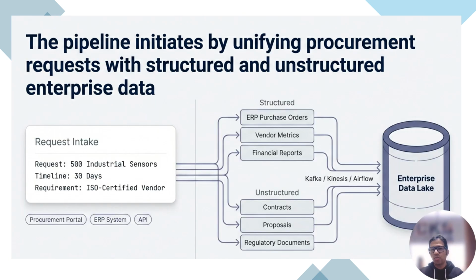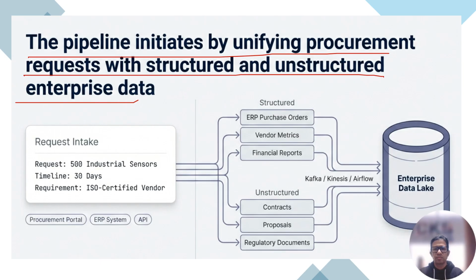All right, now we are entering the part that makes this architecture real. Because agentic AI is only as good as the data it can reliably access. See, the pipeline is initiated by unifying the procurement request with the structured and unstructured enterprise data. So the first principle of ProcureMind OS is: unify the request with enterprise truth, both structured and unstructured.